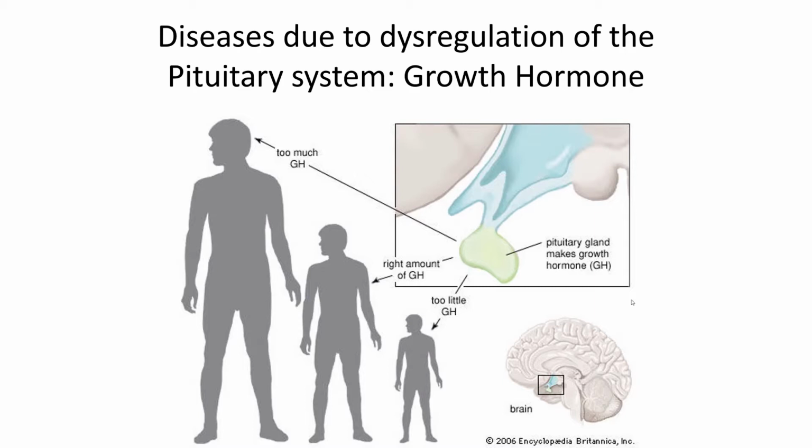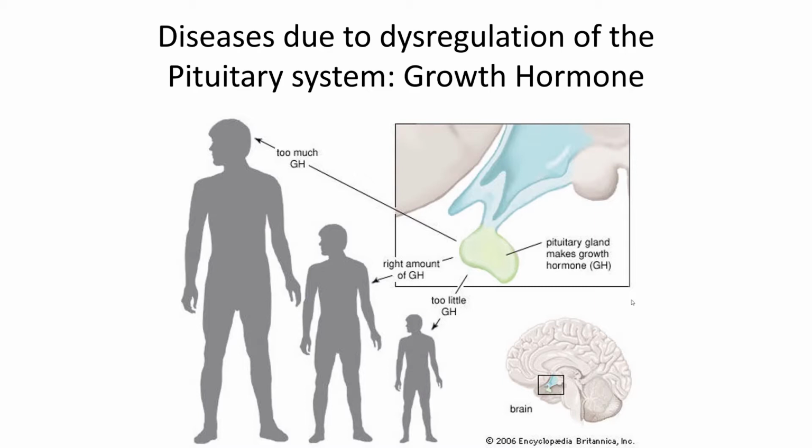We'll talk about the thyroid gland. But I want to talk about growth hormone first, because it's the best way to explain how the pituitary and the hypothalamus work to regulate, and how homeostasis is disrupted when it's dysregulated. The hypothalamus releases growth hormone releasing hormone and growth hormone inhibiting hormone, which then stimulate the pituitary to make growth hormone.